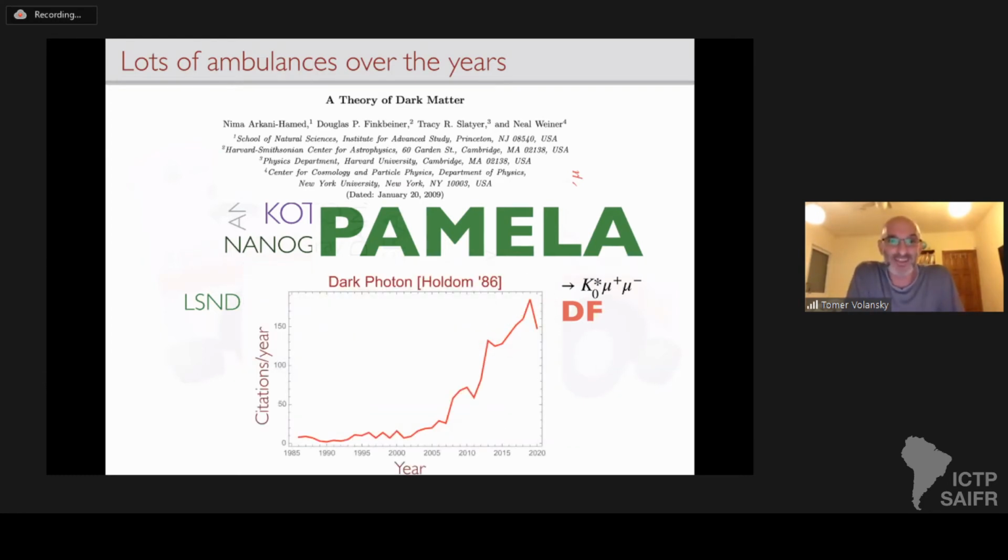If you look at the citations of the Holdom paper from '86, PAMELA was in 2008, you see that this sharp rise started in 2008, right after this paper. And it didn't just lead to extra citations. Many of us have been working on the hidden photon since, and there's a whole experimental program going on. So there's a lot of activity, and these activities came about from this paper that was chasing an ambulance.